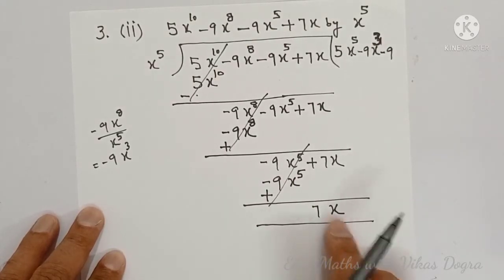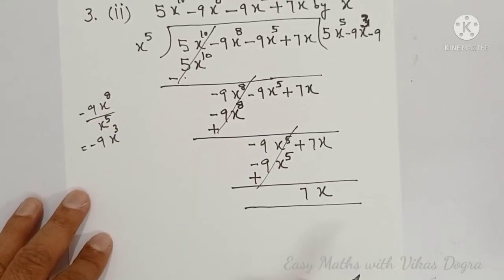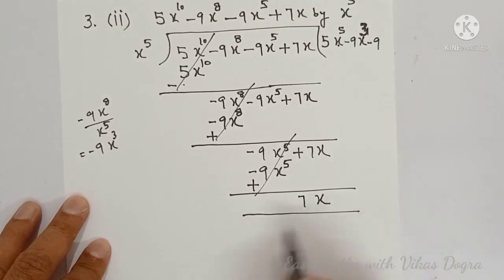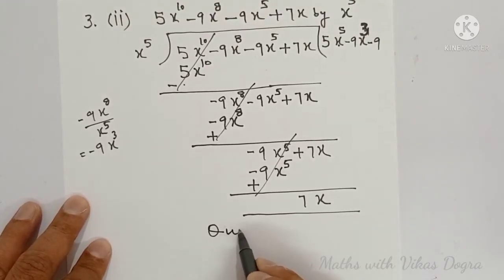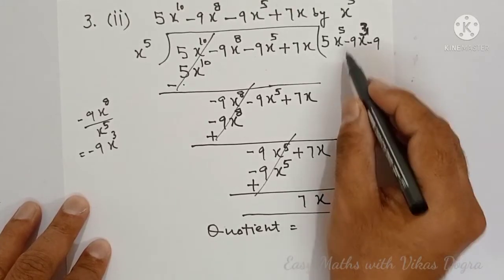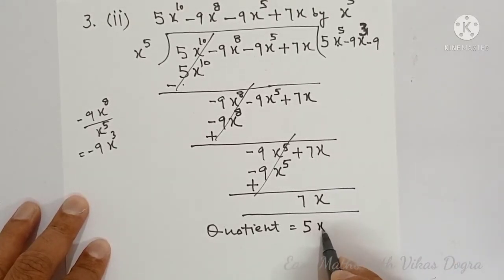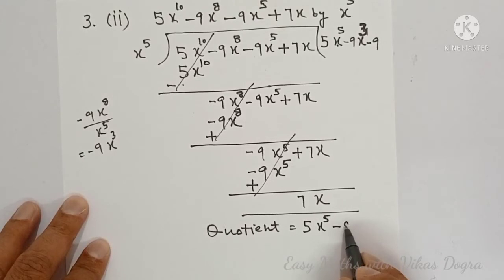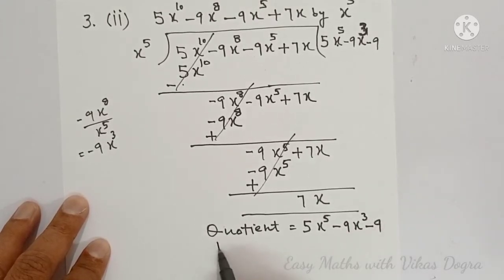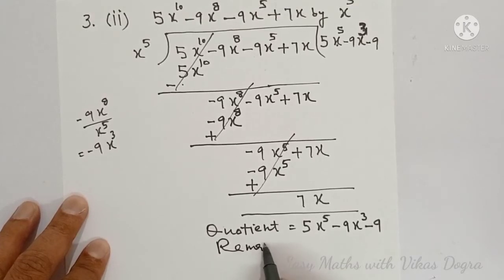So degree of remainder is less than the degree of divisor. So no division is possible ahead. So quotient will be what? 5x power 5 minus 9x cube minus 9. And what is the remainder? 7x.